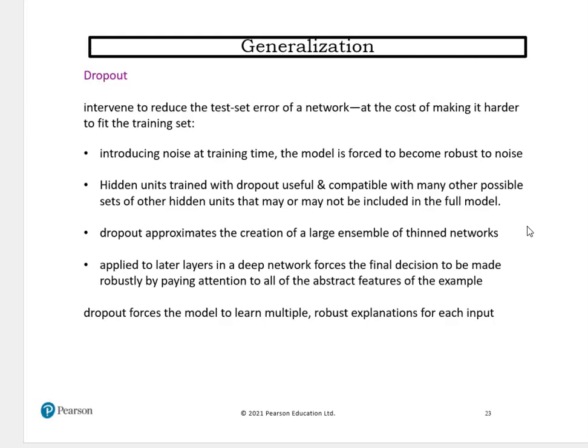So essentially, this is almost the same as training a large ensemble of different networks, where each time you're randomly picking a new architecture by eliminating some neurons from the base network.